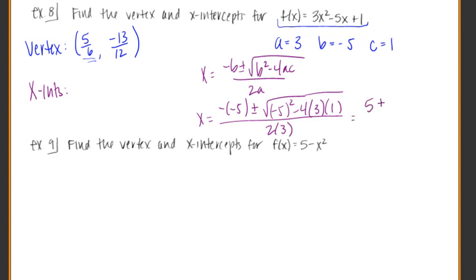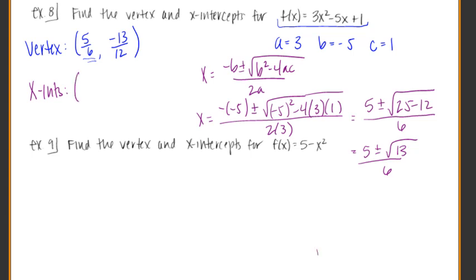Okay, so it's going to equal 5 plus or minus the square root of 25 minus 12 all over 6. So 5 plus or minus the square root, 25 minus 12 is 13 over 6. And I'm probably going to leave it like that.